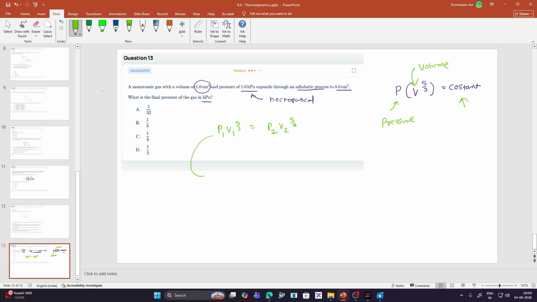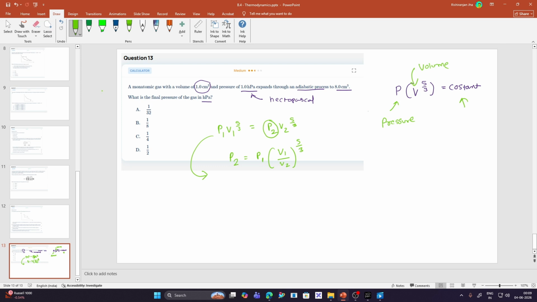Now, we will rearrange this equation to find the value of P2. So P2 may be given as P1 times V1 by V2 raised to 5 by 3.